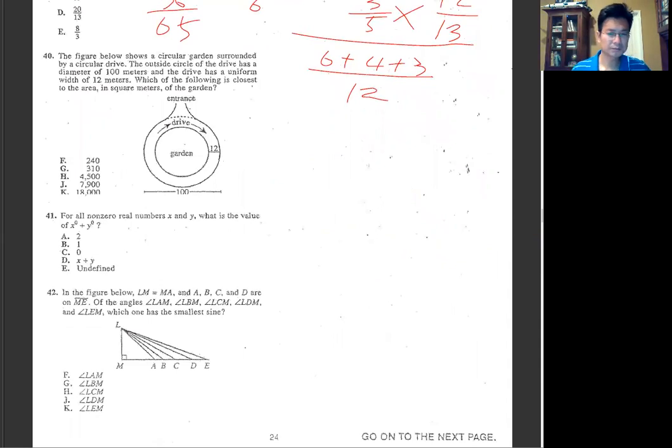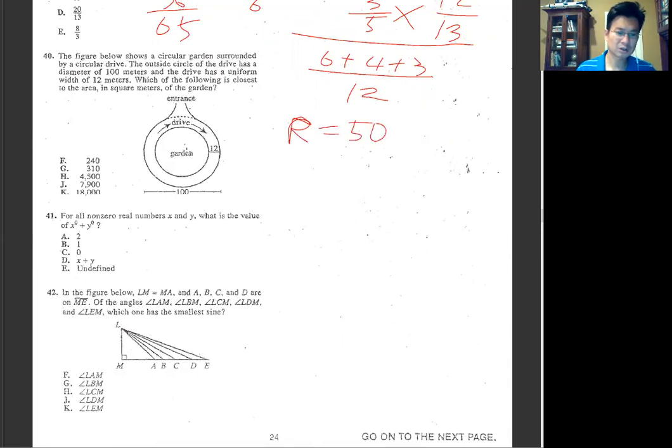Number 40. 100 meters and a drive of uniform width 12. Which of the following is closest to the area in square meters of the garden? So the garden is this. So 100 is the diameter of this one. So the outer side radius is 50.